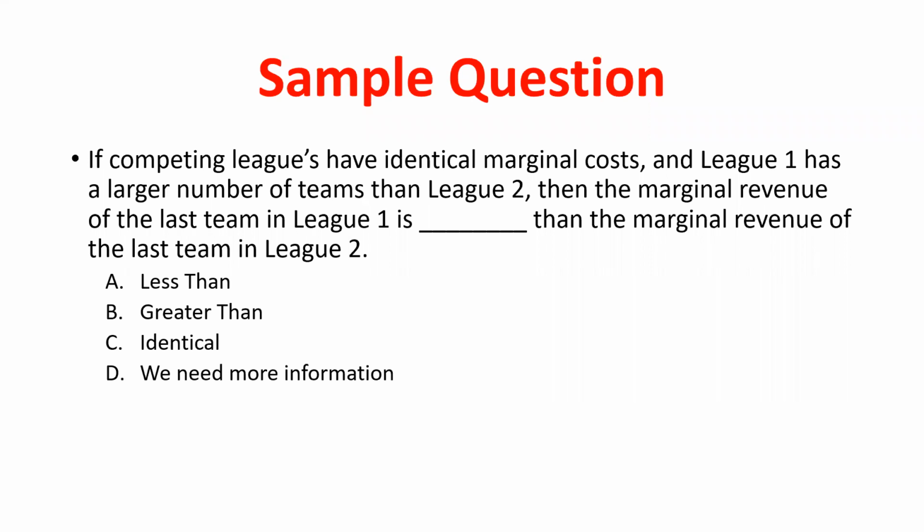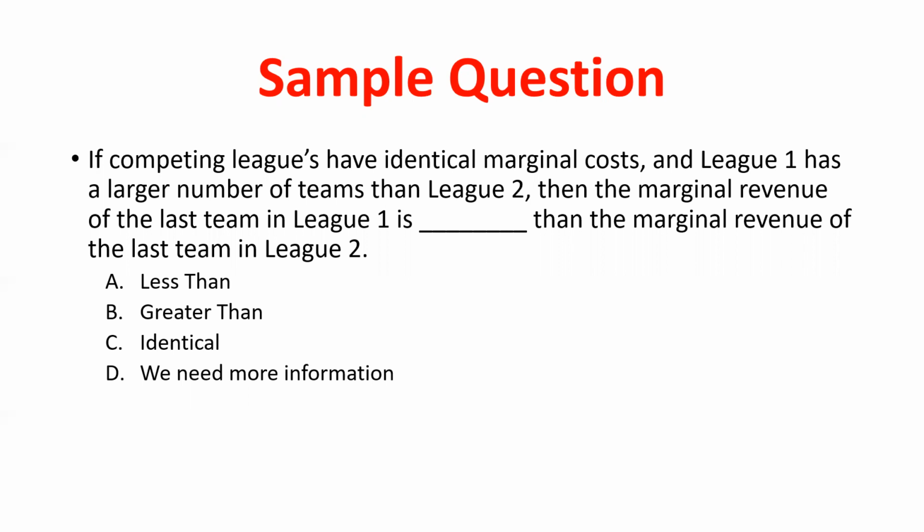So let's think about how we could draw this example out. These leagues are facing the same marginal cost when it comes to adding additional teams, and I know they're going to make the decision where marginal cost is equal to marginal revenue. So if I've got the marginal revenue of League 2, and I know they would choose their optimal number of teams here.